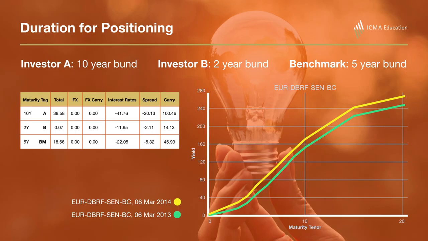When you add in the carry that you earn, 14 basis points on the 2-year for investor B, 46 basis points on the 5-year on the benchmark, and over 100 basis points on the 10-year for investor A, the total ends up working out that investor A outperforms the benchmark and investor B underperforms the benchmark, even in this rising yield environment. The key being that this is over a whole year, and actually you have to think about the carry that's being earned.